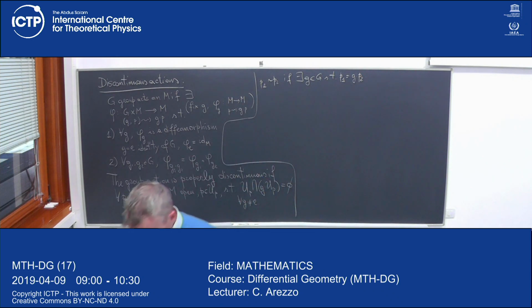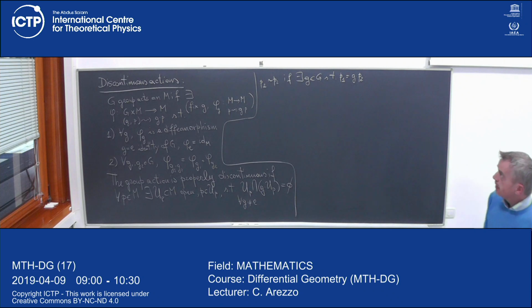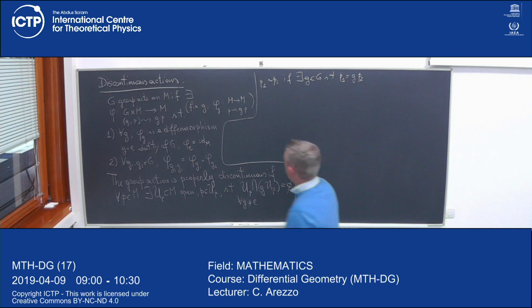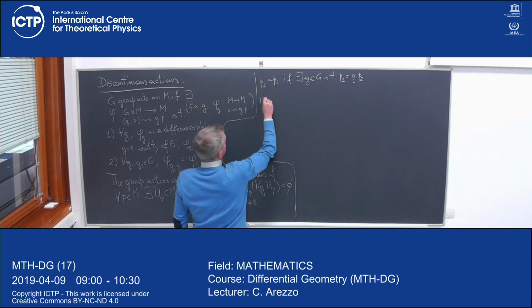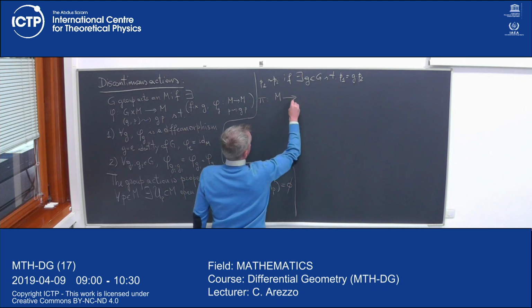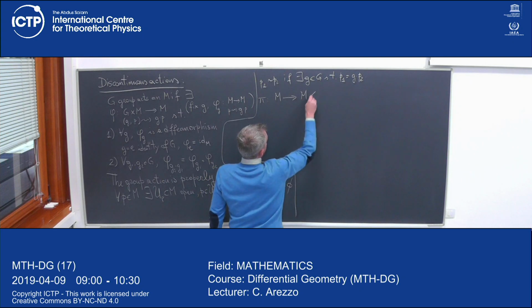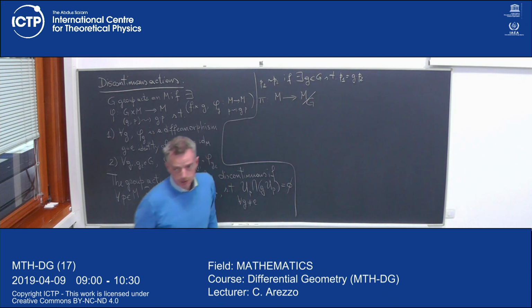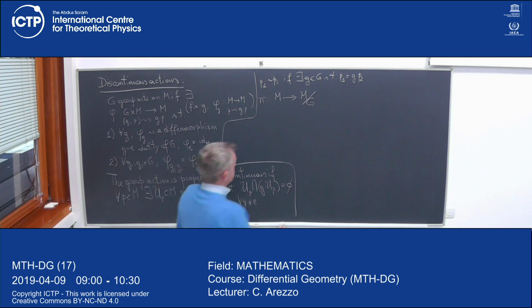If there is an element of the group which takes one onto the other, it's obvious that this is an equivalence relationship under these conditions. So then we have a quotient map. This equivalence relationship, instead of denoting by the usual symbol, we just denote it by the group itself. That's the standard notation. So this is the quotient map.